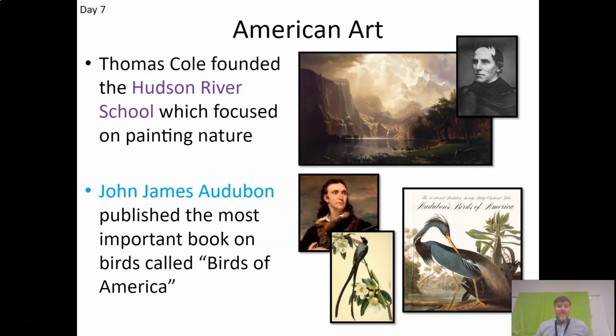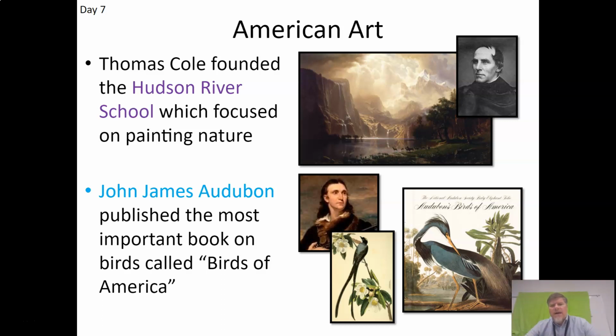Something that is sometimes tested with American culture and the development of a specifically American style is the Hudson River School. It's called the Hudson River School because there are many famous artists who first started out around the Hudson River in New York.